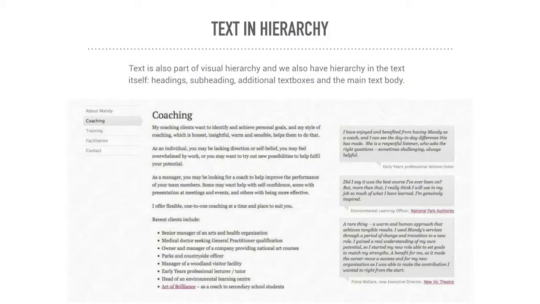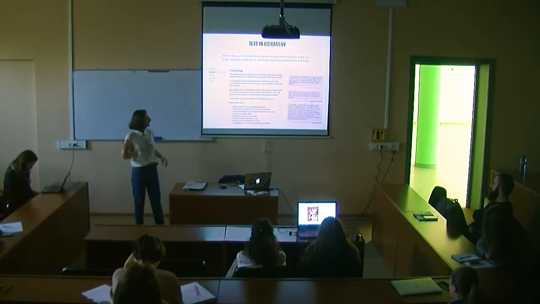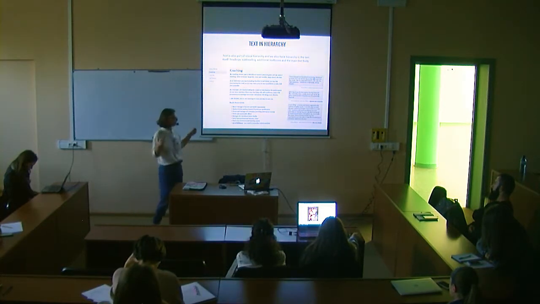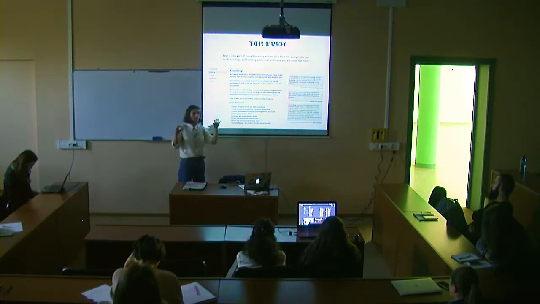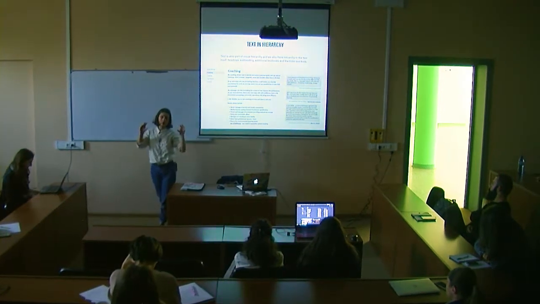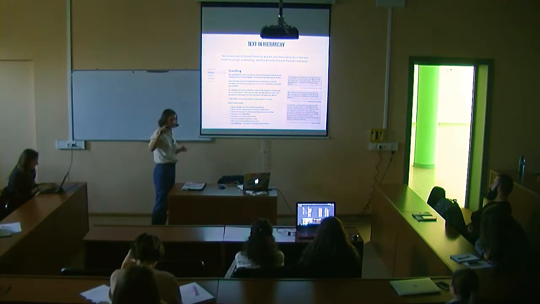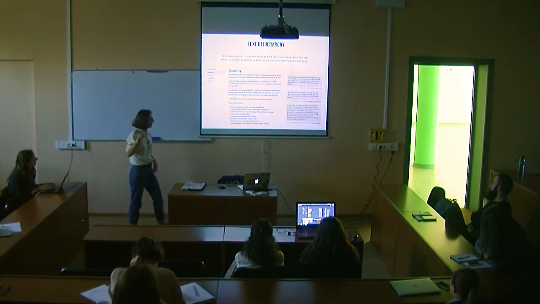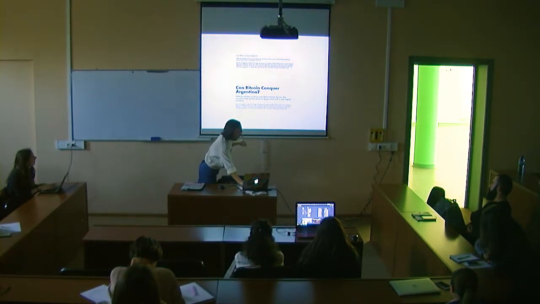There exist some microspaces and macrospaces. It means that when we are using small spaces to divide paragraphs or the title from the actual content text, they are microspaces, but we are using big spaces as well, and I will show you later.